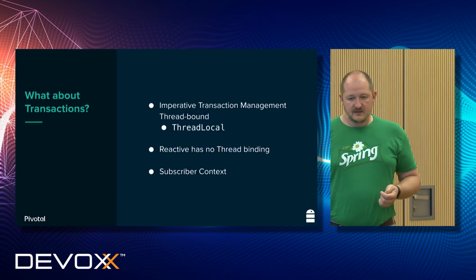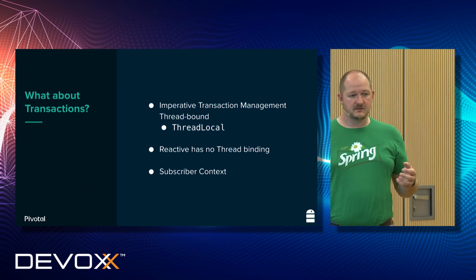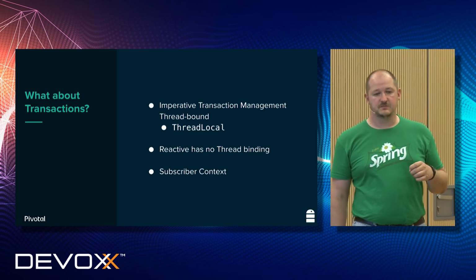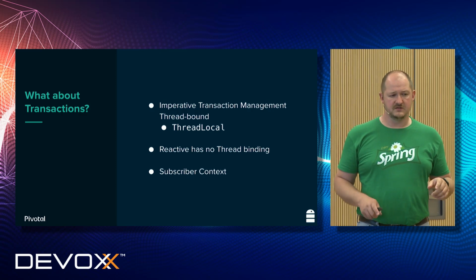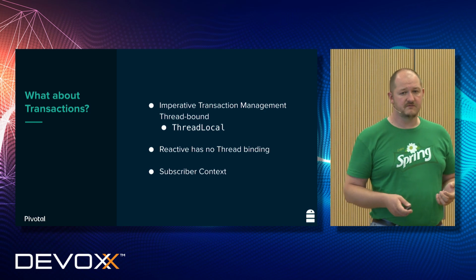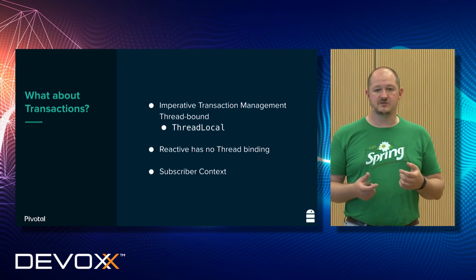Now, there's a little bit more to that, because currently we have seen the R2DBC client with transactions, but what about Spring Data and Spring transactions? A short excursus to that. In Spring and in every other framework, transactions are thread-bound, because these are invisible aspects to your code.